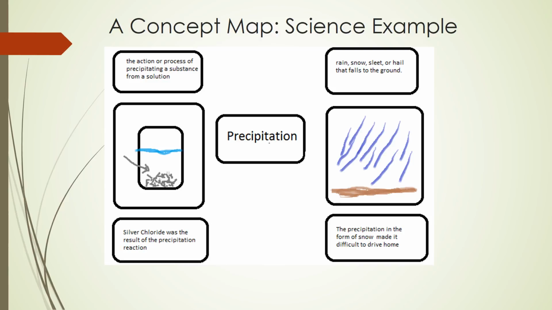And the precipitation in the form of snow made it difficult to drive home. As we can see, we can compare and contrast the different definitions of precipitation, and by doing so, students will have the opportunity to repeat this learning strategy over and over as they come across new words that are homonyms or false cognates.